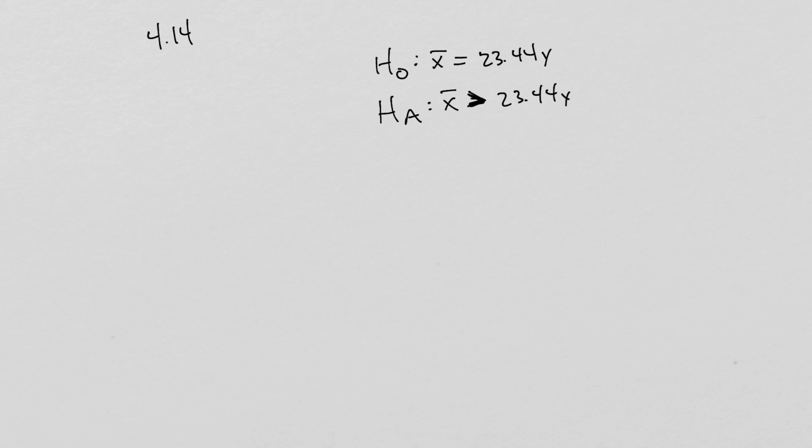Well, first of all, what is wrong here is that this should not be x bar, it should be mu for these two. And for this, it should be not equal, because this person is not interested just in an increase, but also in a decrease, so it's not equal.